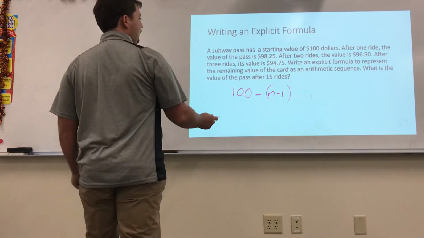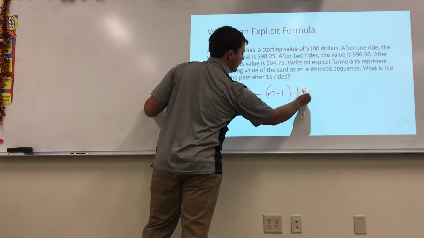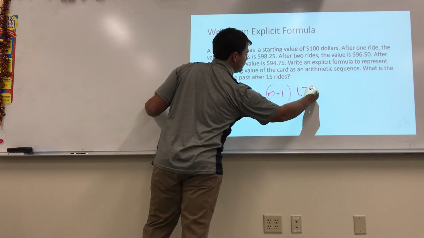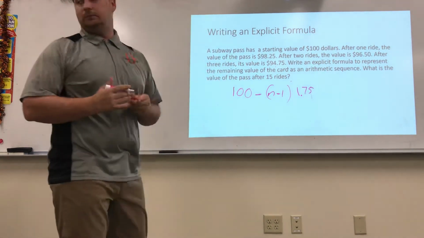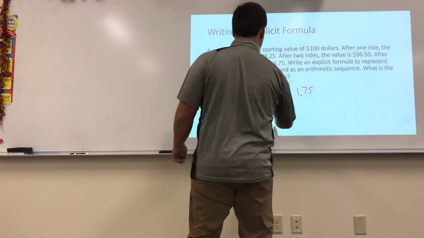Well, every time it is going down by $1.75, I believe. Okay? So, that's how you set it up. Now, when it says after 15 rides, we put in 15 here.